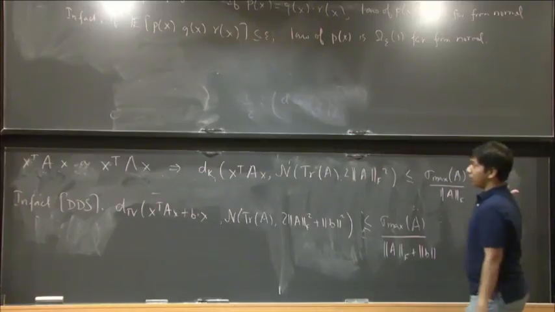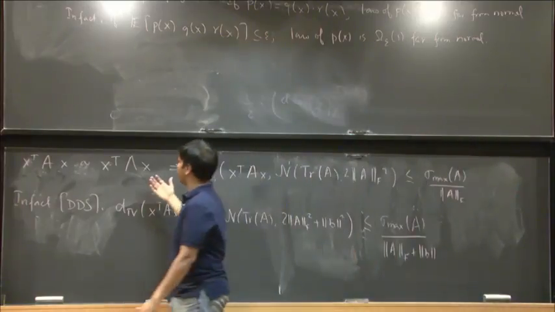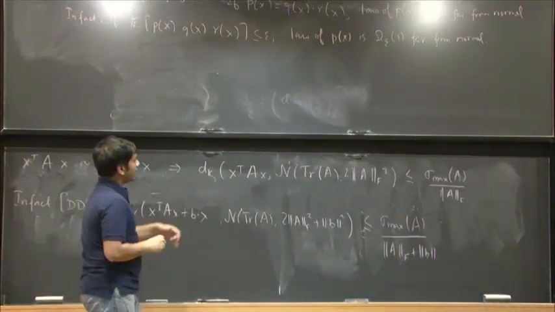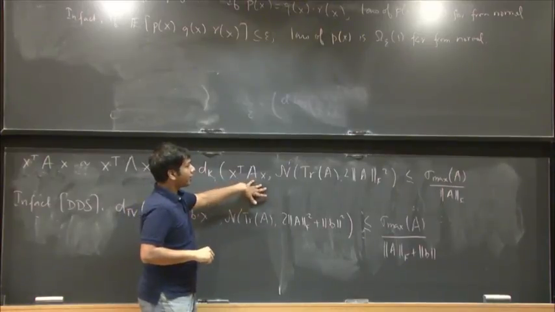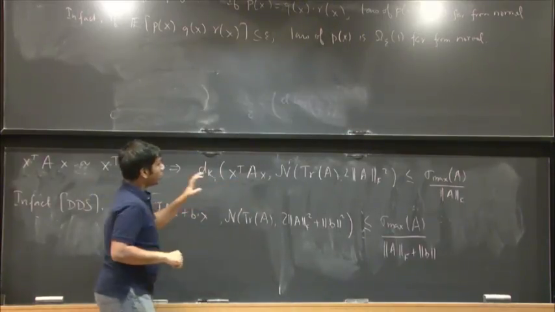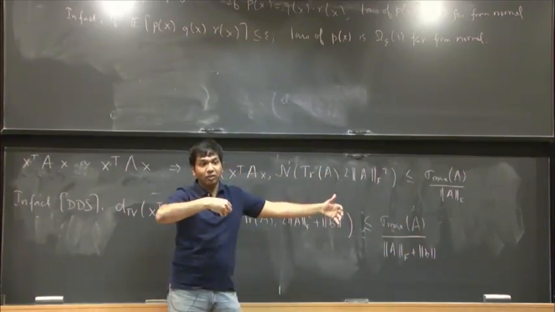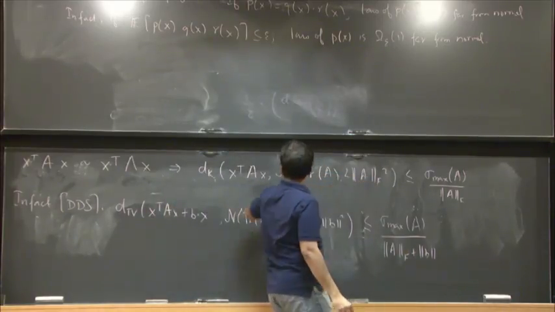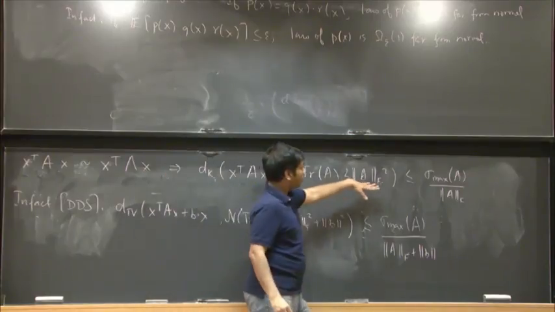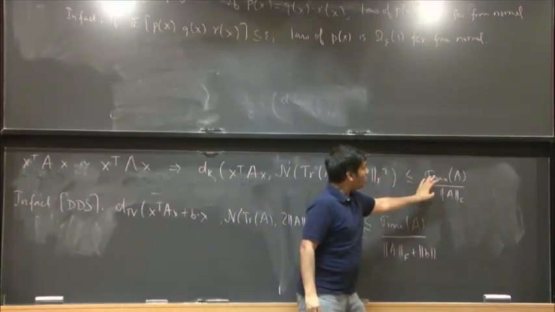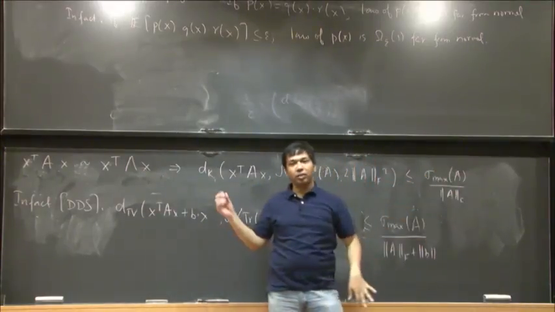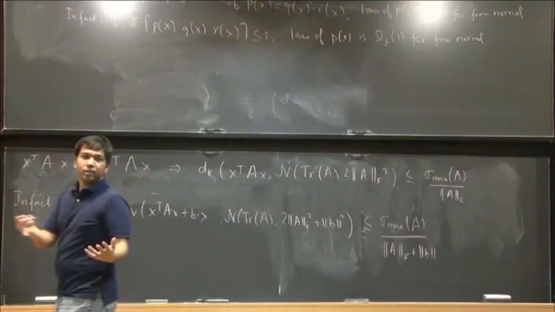As a consequence, we get that the distribution of x transpose Ax is close to a normal with the correct mean, which is trace of A, the sum of the eigenvalues, and the variance, which is twice the Frobenius norm of A squared, as long as all the singular values of the matrix A are reasonably small.